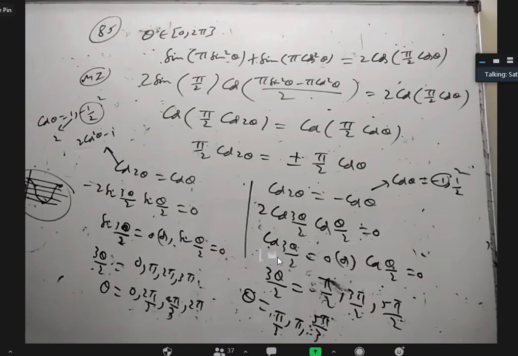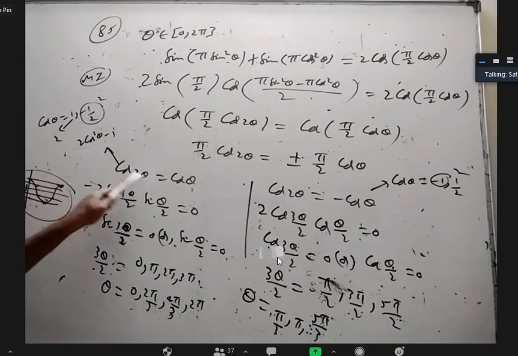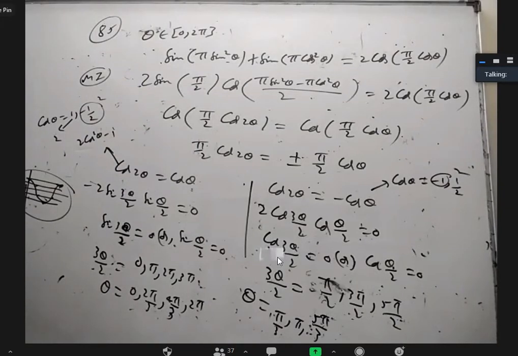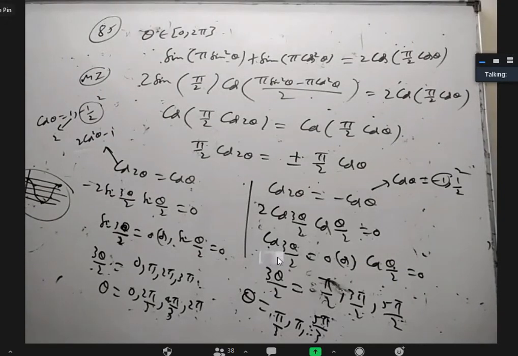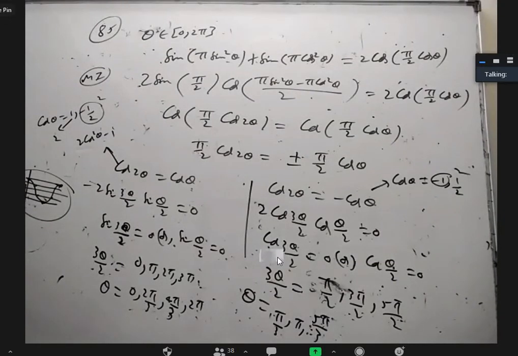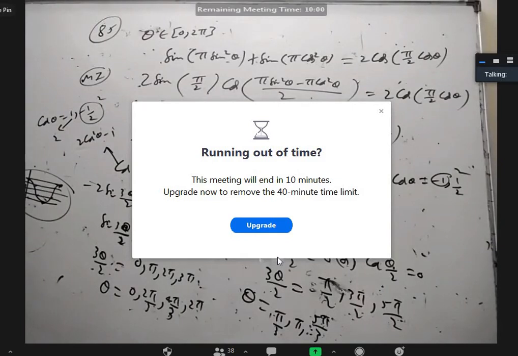Okay, all of you are able to understand 85? This quadratic equation was one way, another is transformation. Clear, right? Okay, if at all the meeting ends in another 10 minutes, again we'll restart.